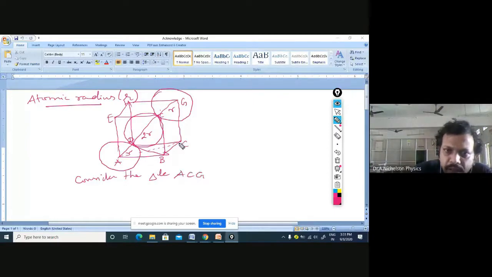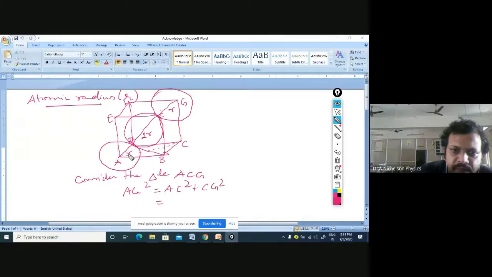This is a right angle triangle, so the square of the hypotenuse AG is equal to the sum of the squares of the other two sides: AG square is equal to AC square plus CG square.